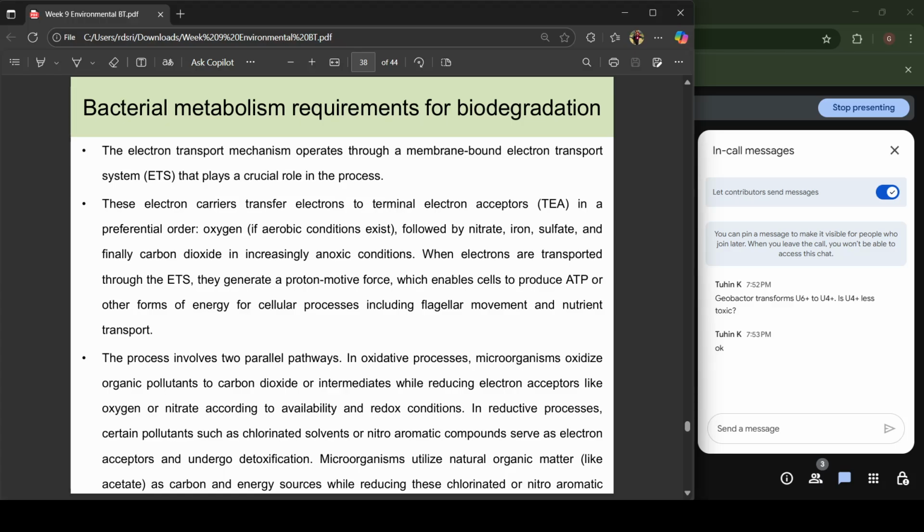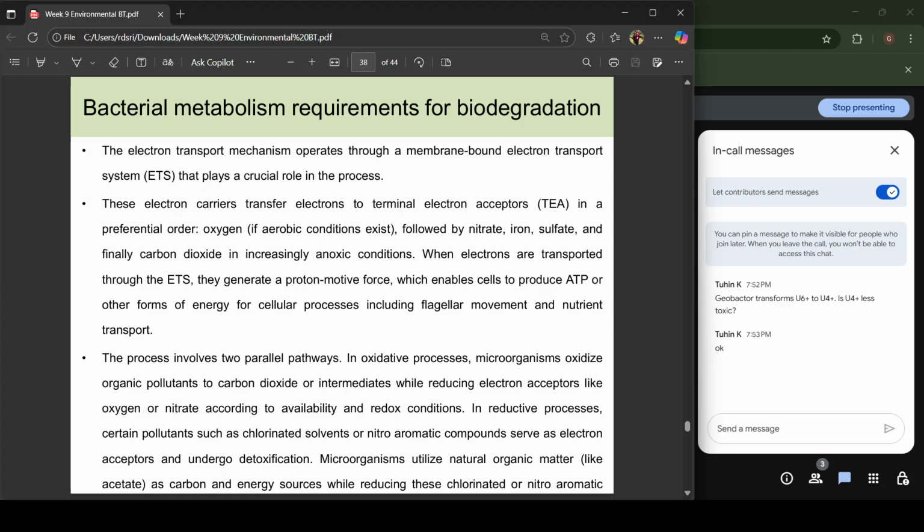I think in the week 2 or 3 session we saw this electron transport system and the proton motive force. There is going to be a proton gradient, and we have ATP synthase which can produce ATP and other forms of energy for cellular processes.